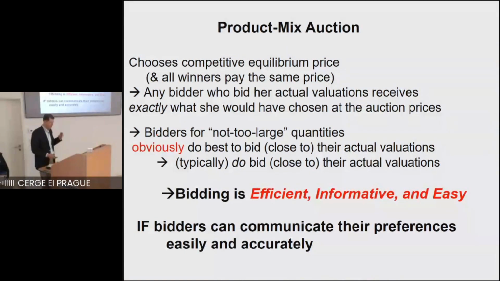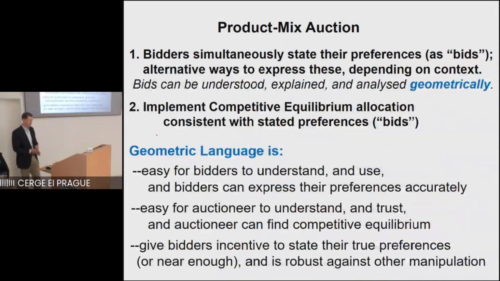In other words, the language we give the bidders is going to matter. And so basically, we need geometric language that's easy for bidders to understand and use, to express their preferences accurately. It's easy for the auctioneer to understand and to trust.